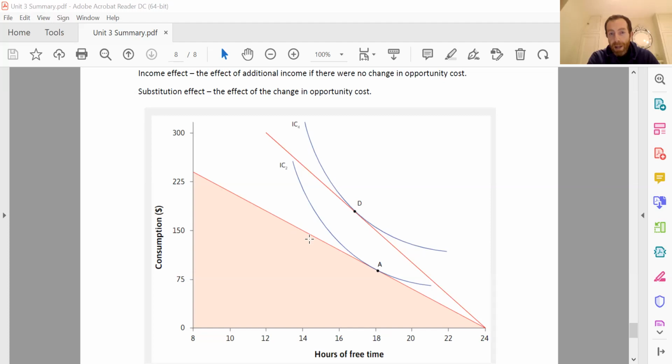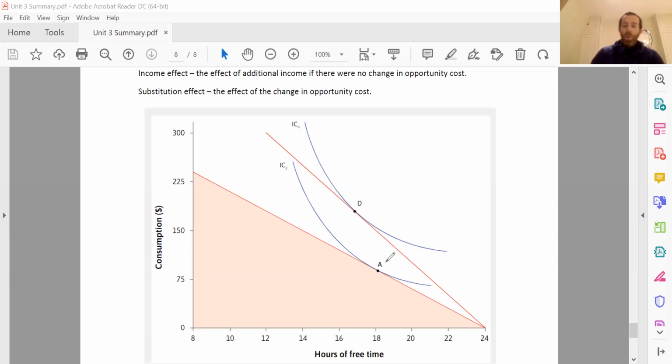And so the red line here represents the initial feasible frontier, the initial budget constraint, where these are all the possible combinations of consumption and free time the person could choose. And we can see that based on the graphical idea, this person would choose 18 hours of free time, roughly $100 of consumption, because that would get them to the highest possible indifference curve they could be on, which is this one, IC2.